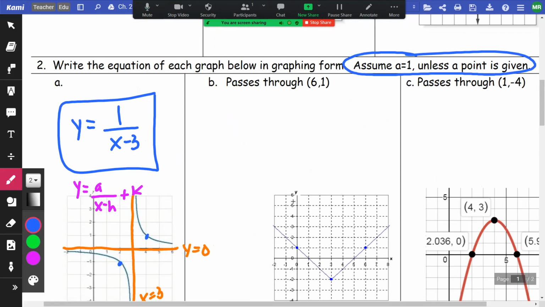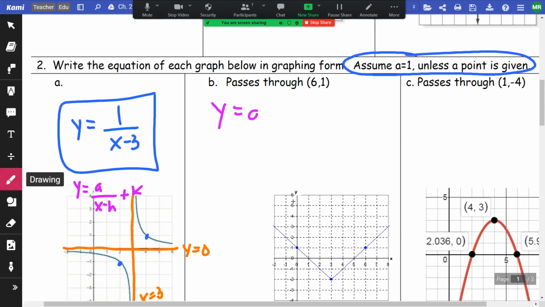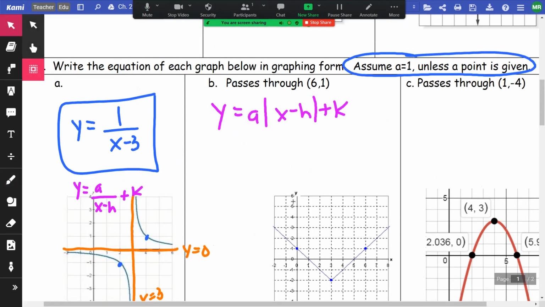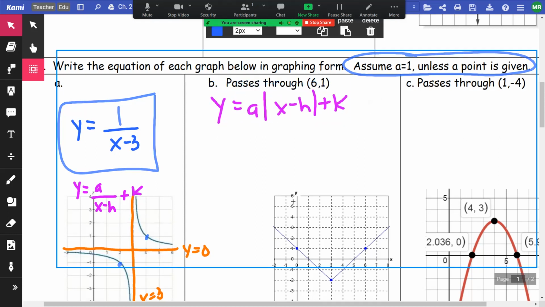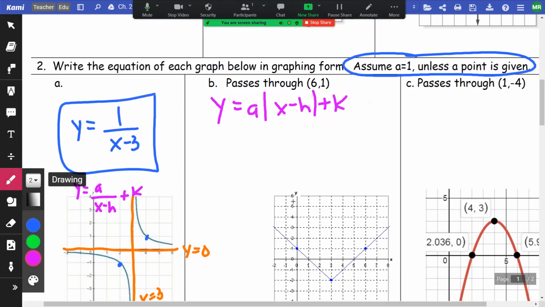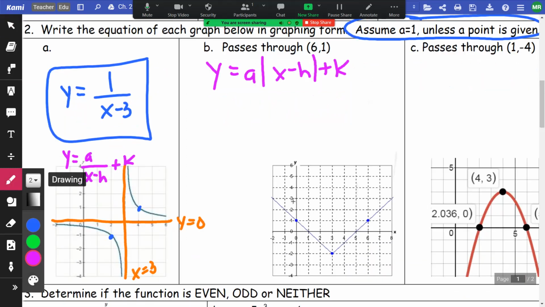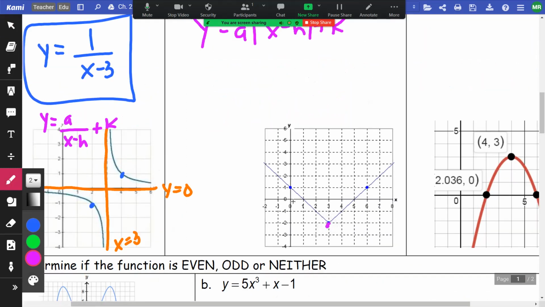On B, okay, this is an absolute value graph. So this is going to be y equals a times the absolute value of x minus h, plus k. I'm just going to move this up a little bit. So what I'm going to do is I need to find my vertex, which is right here at 3 comma negative 2.